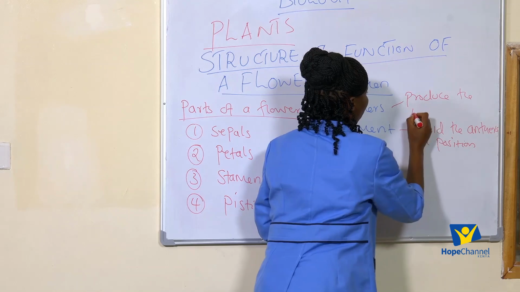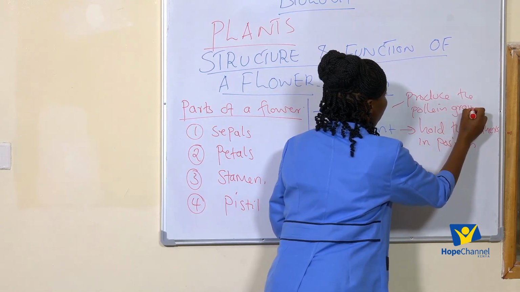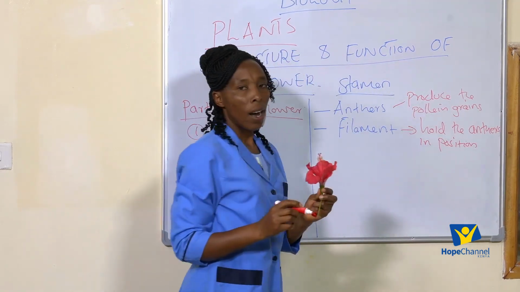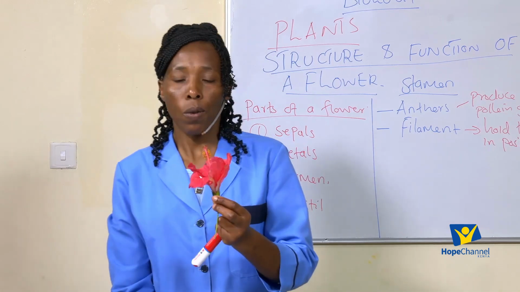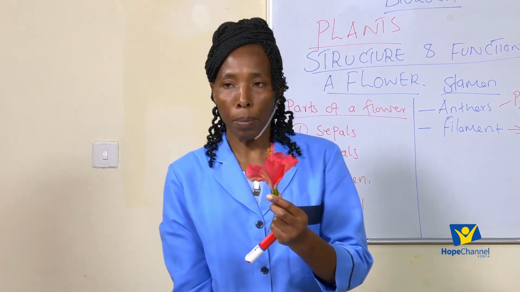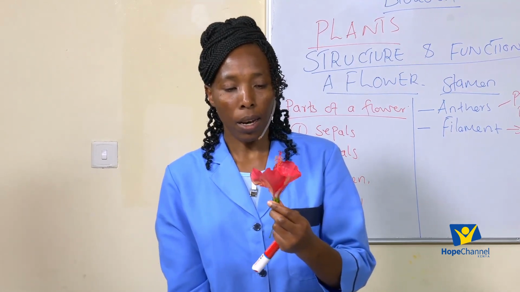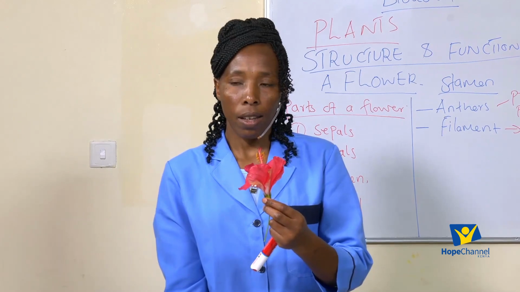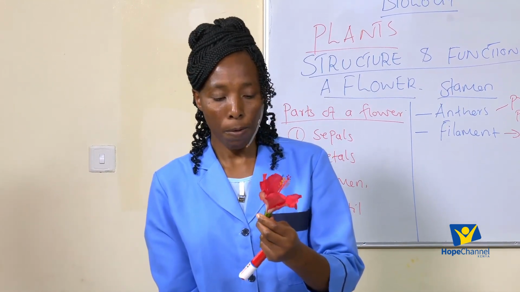So we are saying the anthers produce the pollen grains. Okay? Anthers produce the pollen grains. And pollen grains, I've said, are the male gametes. They carry the genetic material for the male part of the flower.